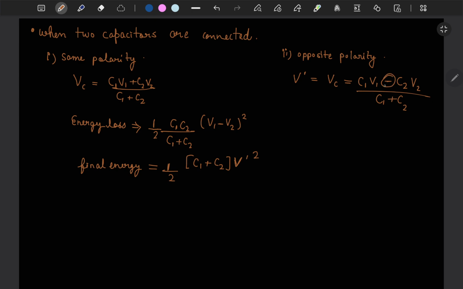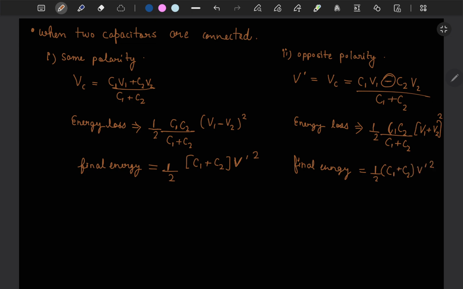Here the minus sign has come in the numerator only, not the denominator. So what will be the energy loss? It will be similar, only the minus sign will be changed with the positive sign. It will be half C1 C2 upon C1 plus C2 into V1 plus V2 whole square. So final energy will be similar, half C1 plus C2 into V dash whole square.